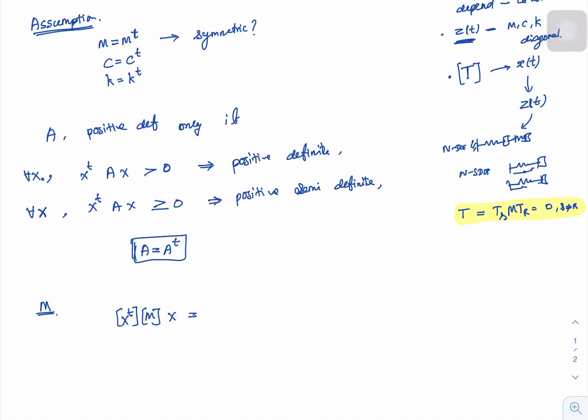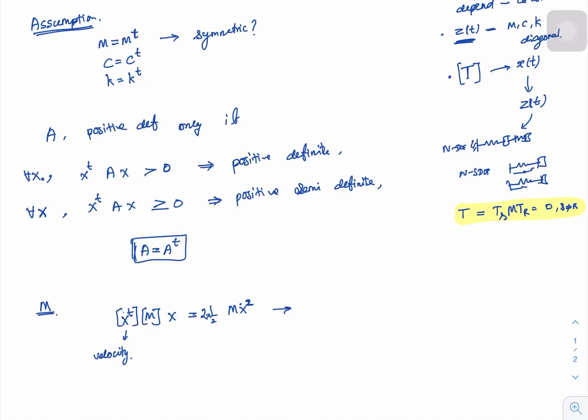This has the unit of m x square. Let's put a dot here, so x is interpreted as velocity, and m x dot square is 2 times of one half m x dot square, which is 2 times the kinetic energy.